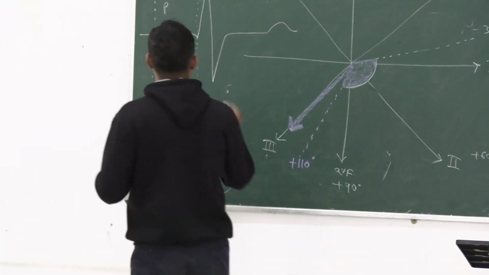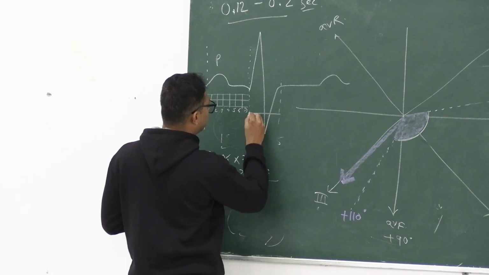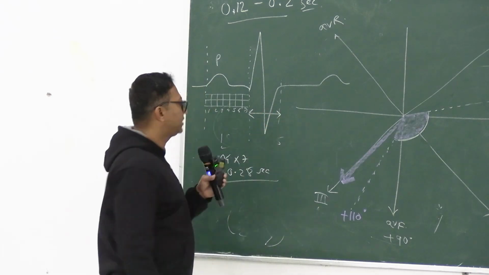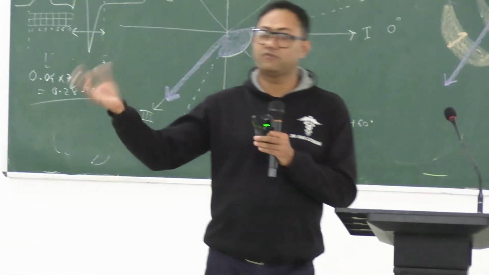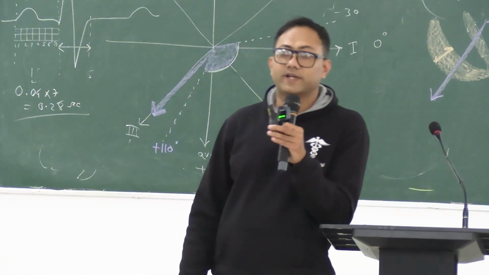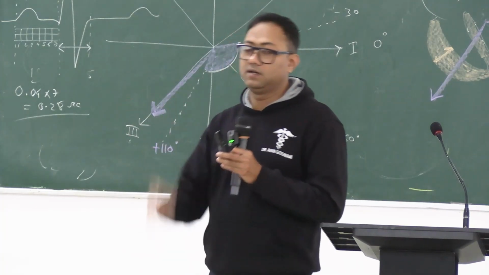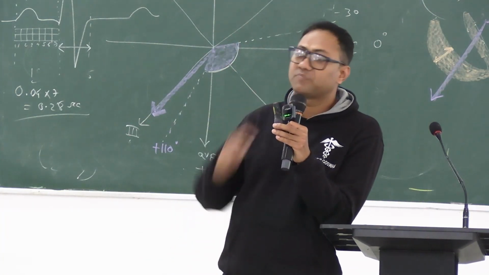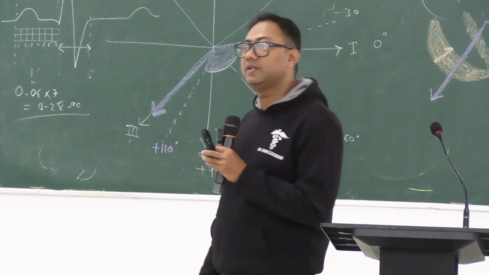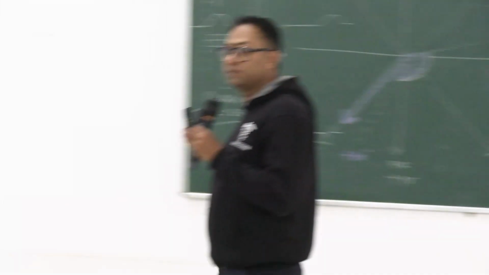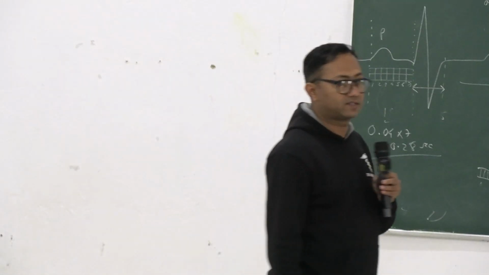Ideally, this QRS duration, from here to here, should be within 120 milliseconds. 120 milliseconds means 3 small squares. If it is longer than 120 milliseconds, then we call it a wide complex. Normally your QRS complex should be a narrow complex, less than 120 milliseconds, less than 3 small squares, right?